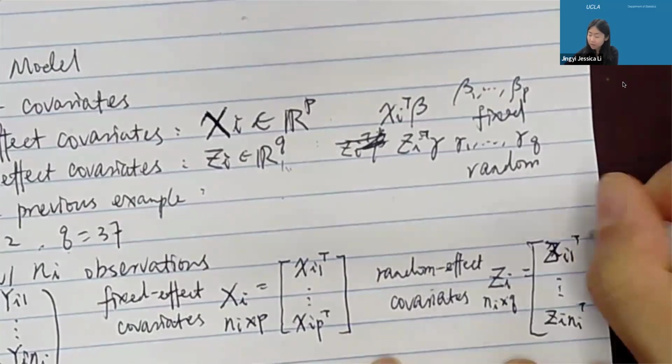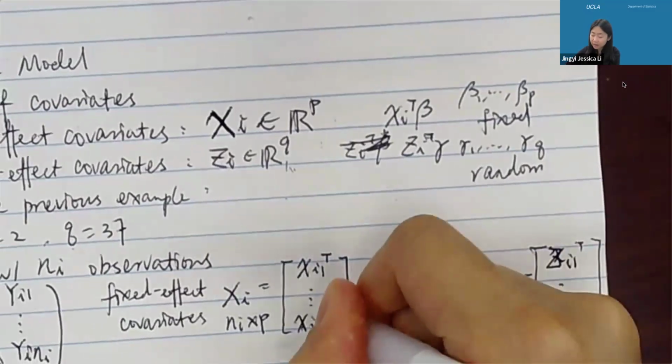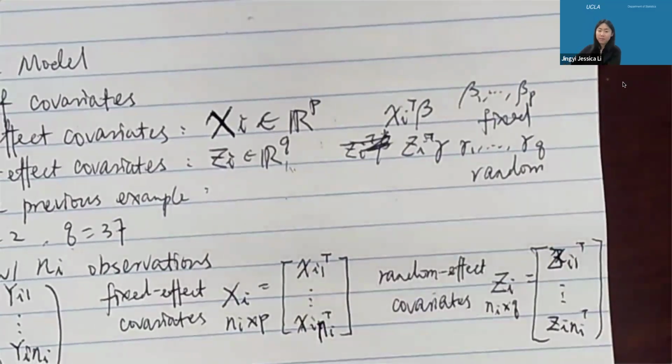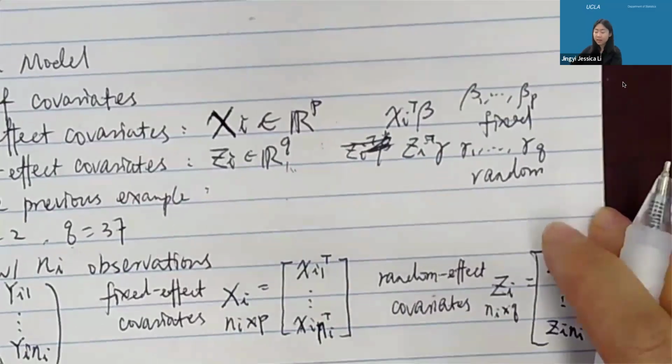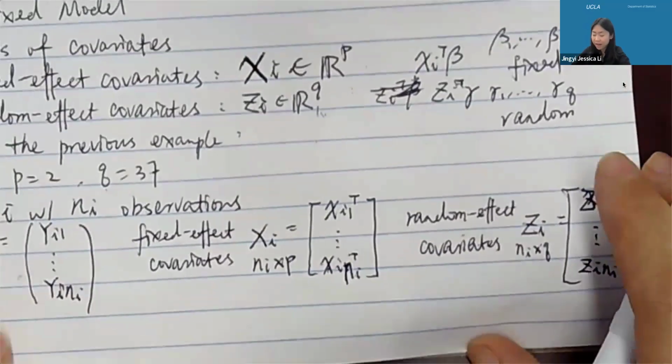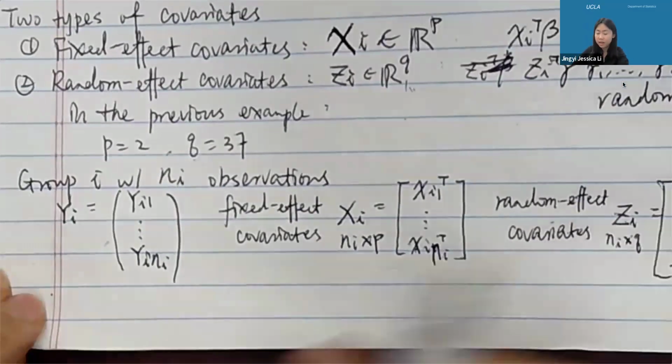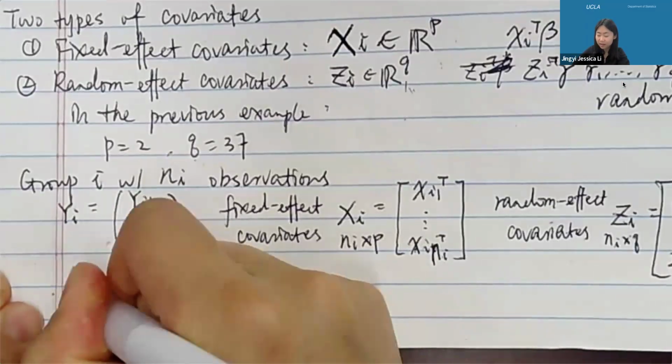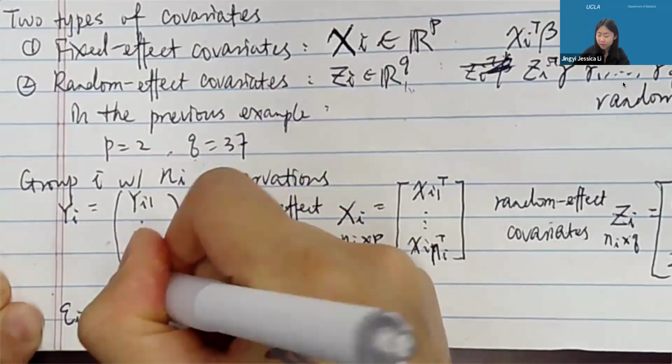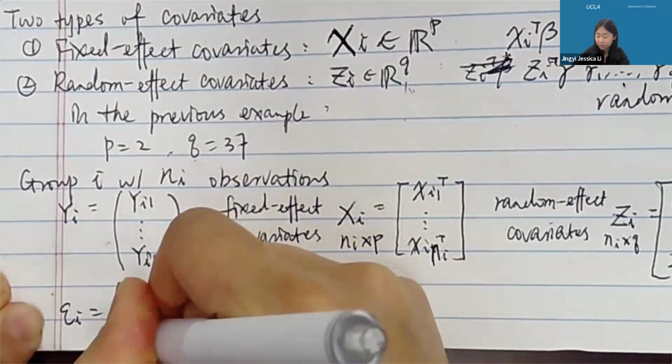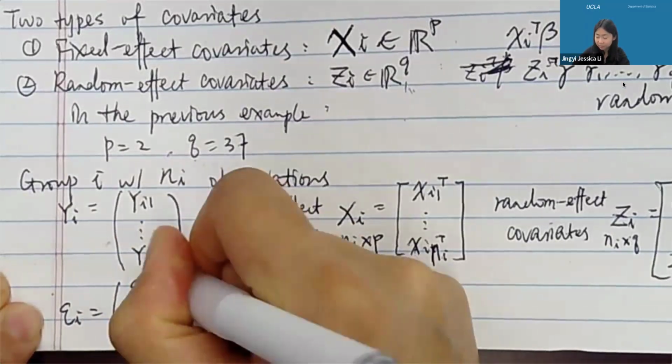Sorry, I think I made a mistake here. It should be xini instead of xip. The p is the column. And correspondingly, I have my error terms, I can call them epsilon i. I stack them as epsilon i1 to epsilon ini.